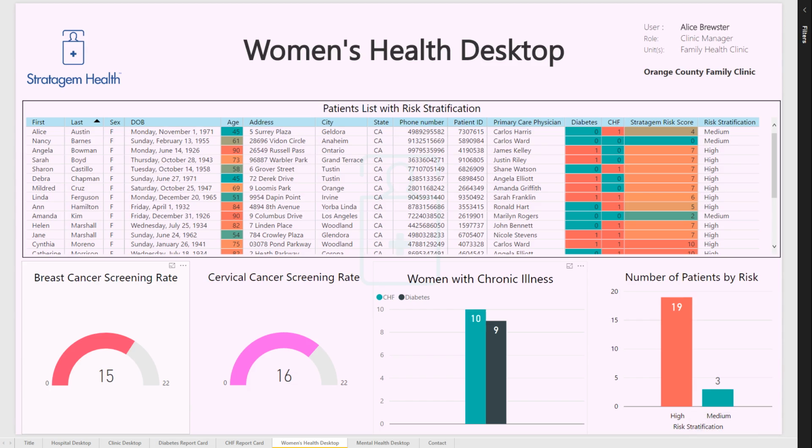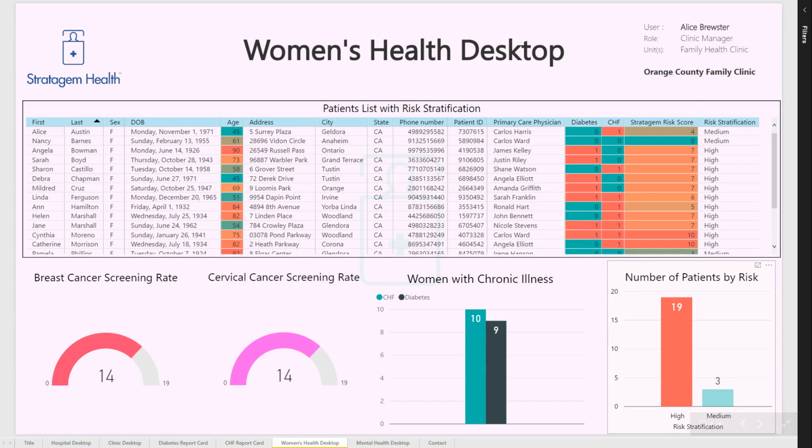Additionally, women that have congestive heart failure and diabetes and are at high risk based on our algorithm can further be selected and resources targeted towards them, not just for cancer screening, but also for management of their chronic conditions such as congestive heart failure and diabetes.